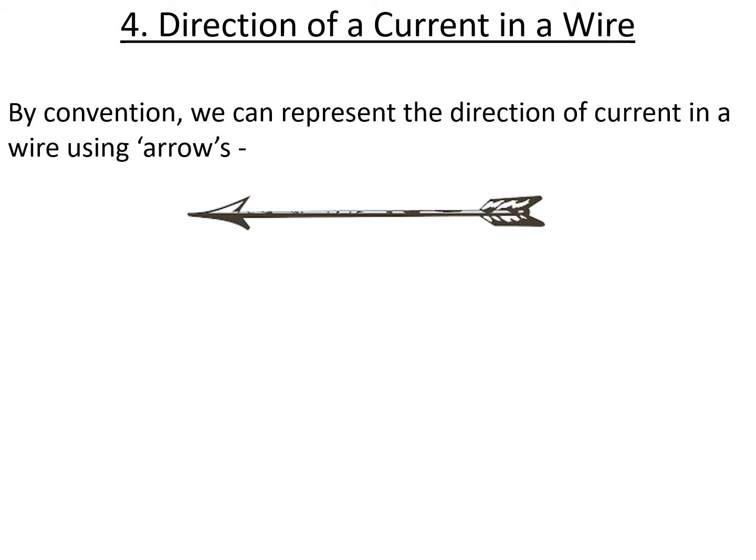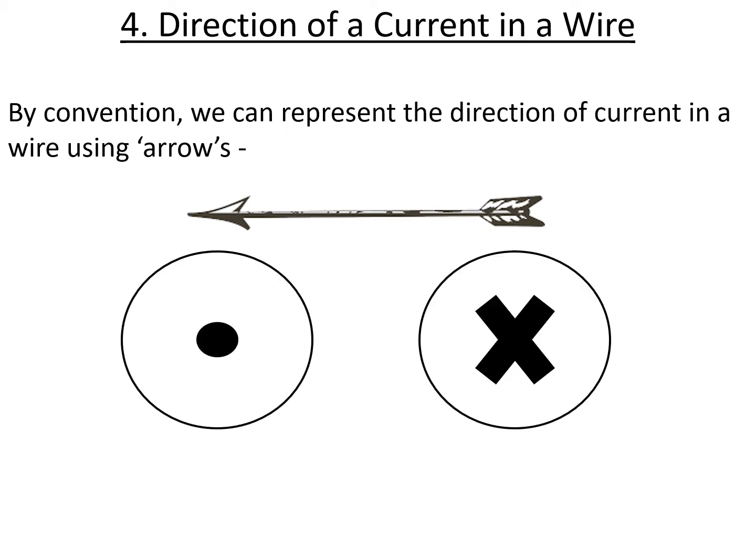Now, to represent the flow of this current or these charges, we can use the idea of an arrow. If the charge or current was going out of the page, imagine each charge was like an arrow with a head and a tail.